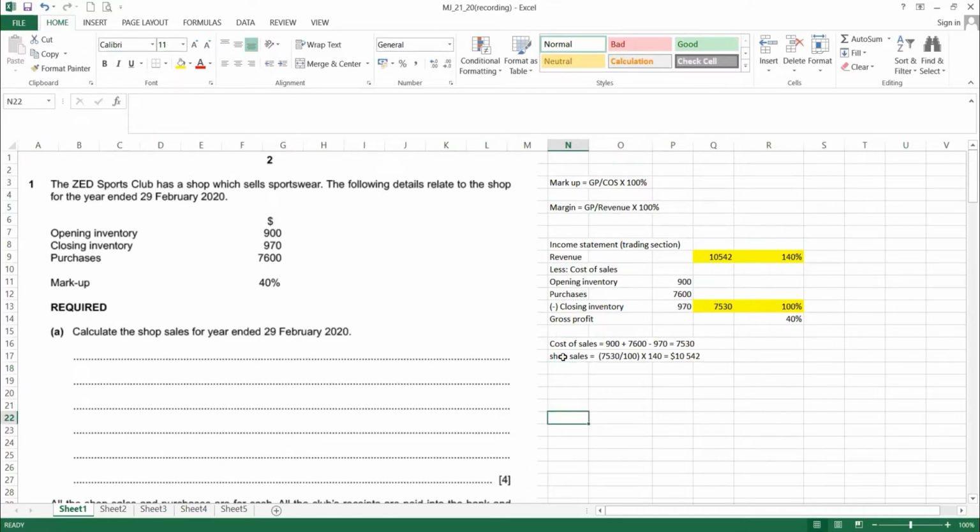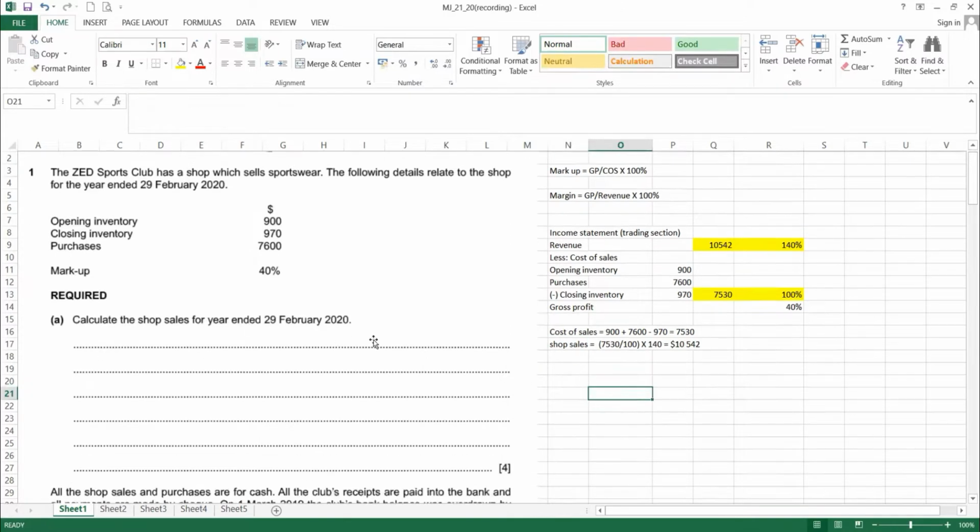So you must show how much your cost of sales is, because your base is the cost of sales. You must show this is the cost of sales amount, 7,530. After that, it is up to you whether you want to use this method or the calculation method, where you show how you get the 10,542. So that is the answer for part A.